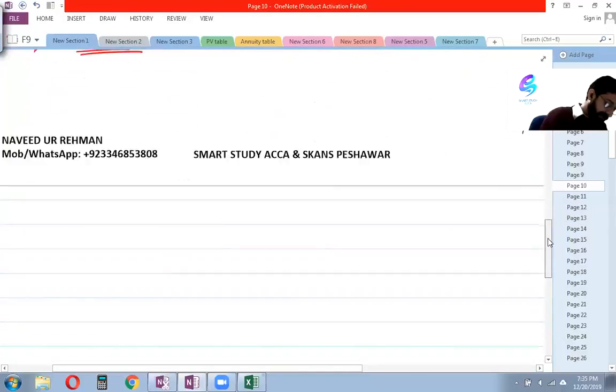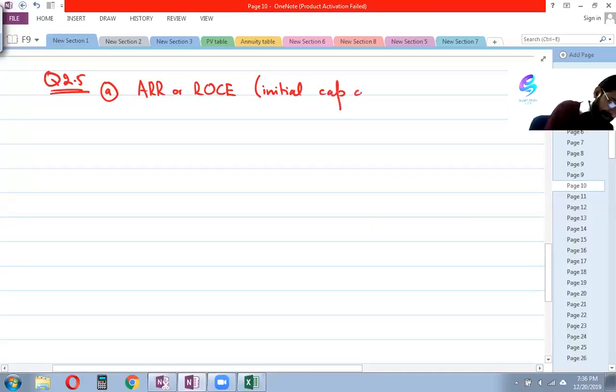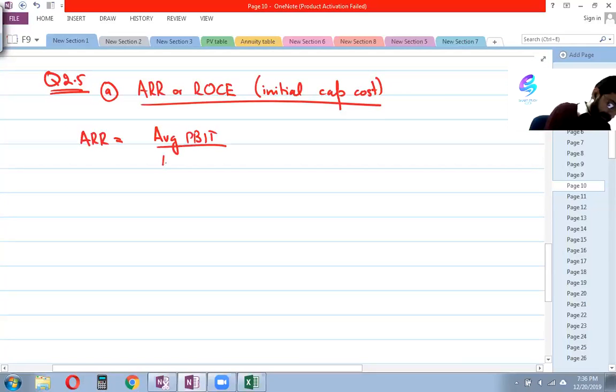So question 2.5, part A: ARR or return on capital employed, initial capital cost basis. Let's write down the formula. For initial capital cost, it's average PBIT divided by initial investment.